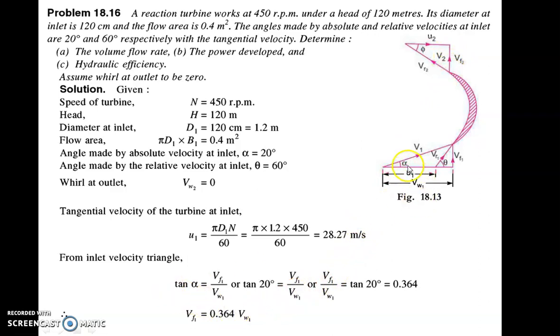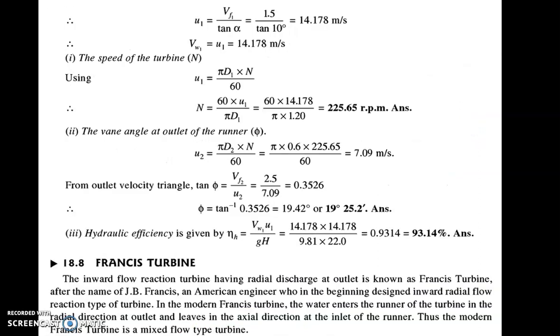If you consider the inlet velocity triangle, tan of alpha is equal to Vf1 upon Vw1. Because alpha is given, you can calculate the relation between Vf1 and Vw1. So Vf1 is coming as 0.364 Vw1.